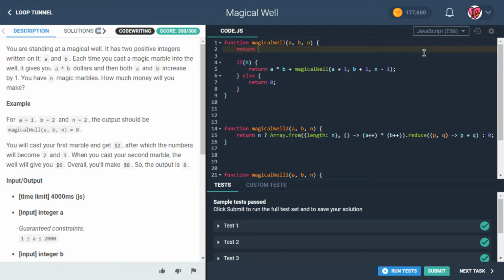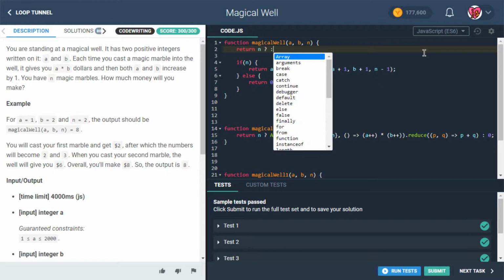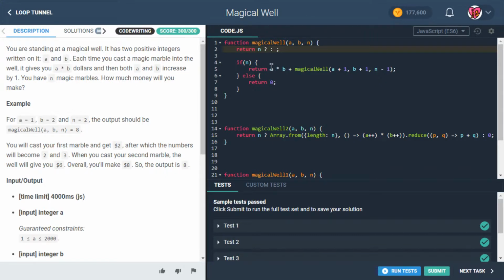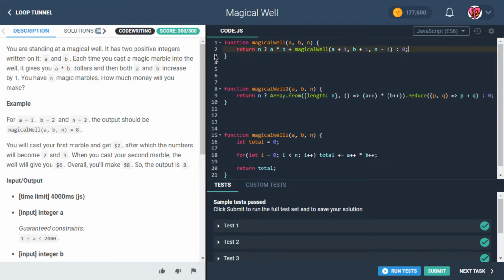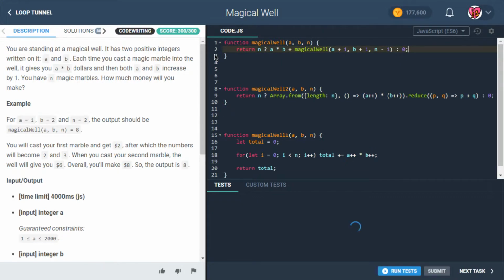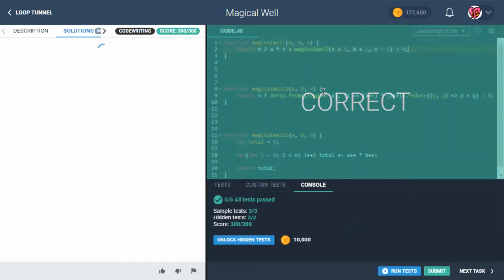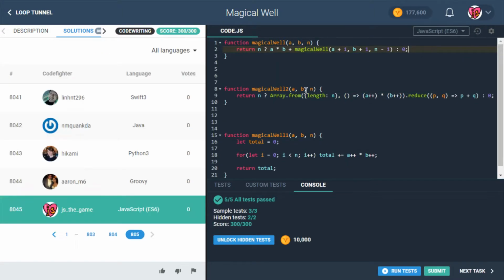So we could say return n, and then we'll have some condition over here. n is the condition. We'll have 2 possible outcomes. So we'll say either return this over here or return 0. So let's see, is that going to work? Yeah, it does. That's pretty not bad. I think I like that one. I think it's pretty cool.